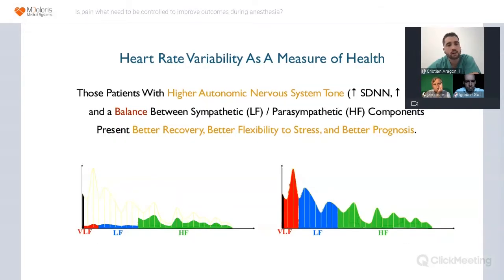So at this point, we can conclude that those patients with higher autonomic nervous system tone and a balance between sympathetic and parasympathetic component present better recoverability, better flexibility to stress, and better prognosis.